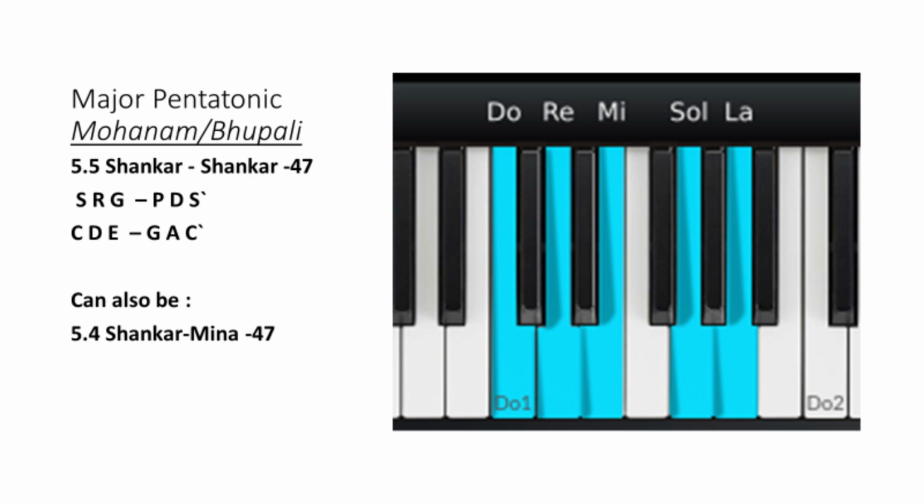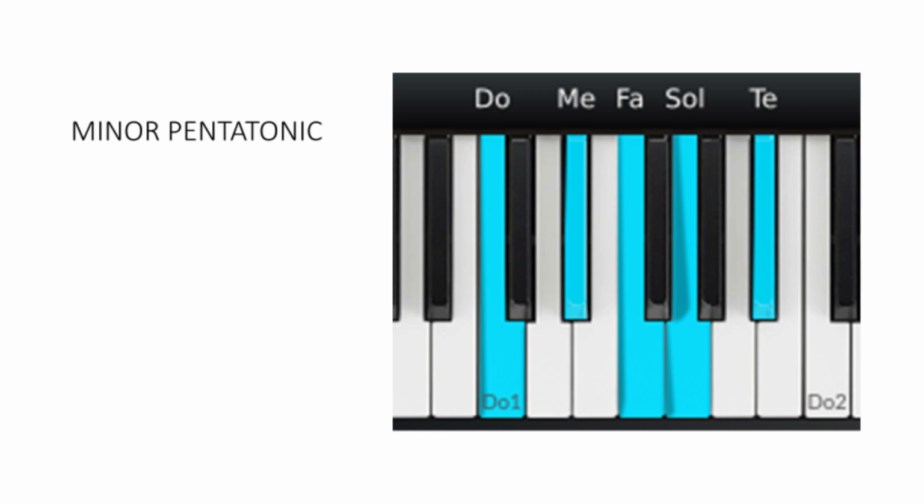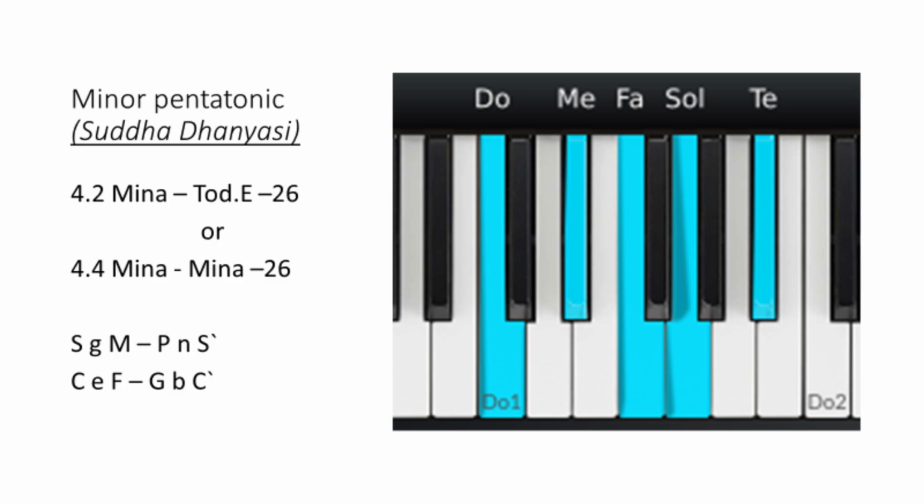Now let's take another example, minor pentatonic. Name it and notate it. We know that the minor pentatonic does not have the second and the sixth. So if you see the name minor toddy -26, you will immediately know that the minor pattern is sa, re, ge, ma, and the toddy pattern is pa, the, ne, sa.